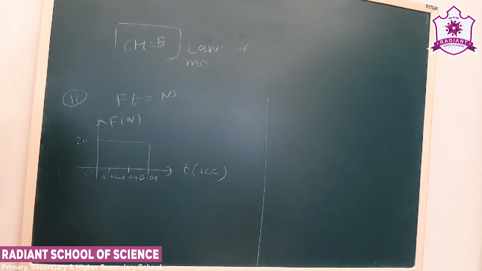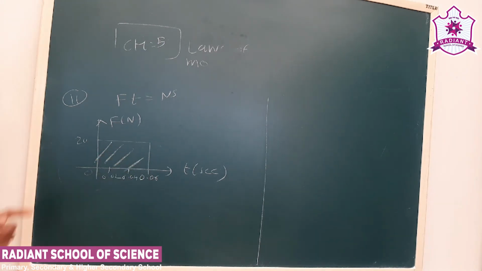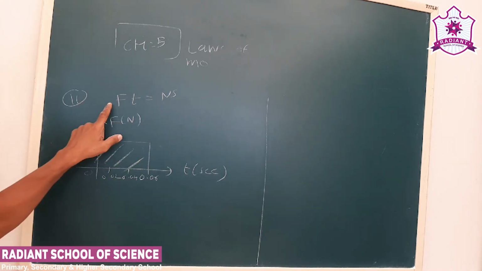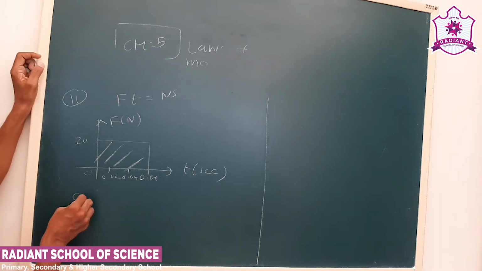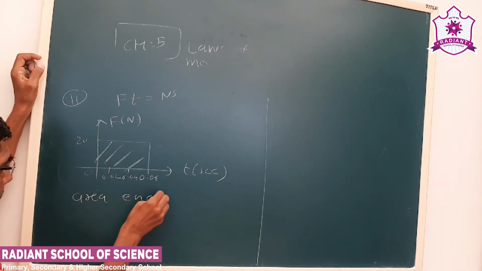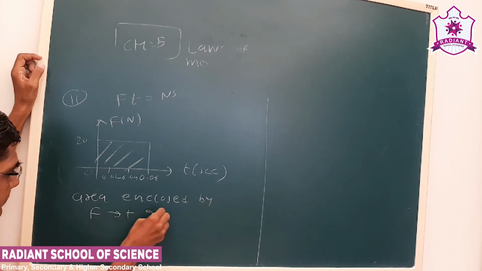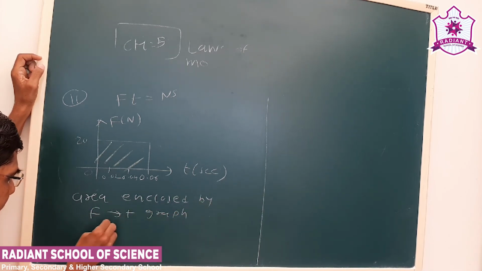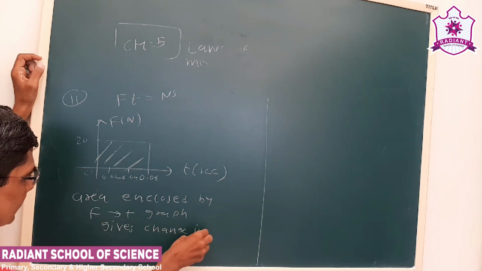We have to calculate the change in momentum. Now we know here is a rectangle. What will be the area of the rectangle? It will be length into breadth. So here also, the area enclosed by this curve in the F versus T graph gives the change in momentum.